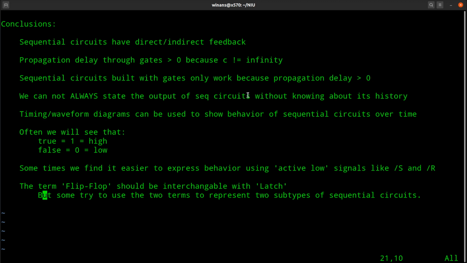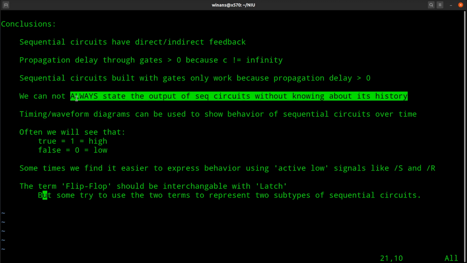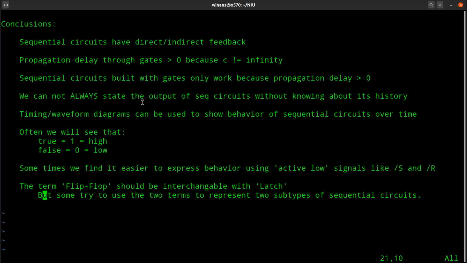We cannot always state the output of a sequential circuit without knowing about its history. This is probably the most important thing in here. This is the number one most stark contrast between a combinational circuit and a sequential circuit. In a combinational circuit, you always know the output if you are given the current state of its inputs.